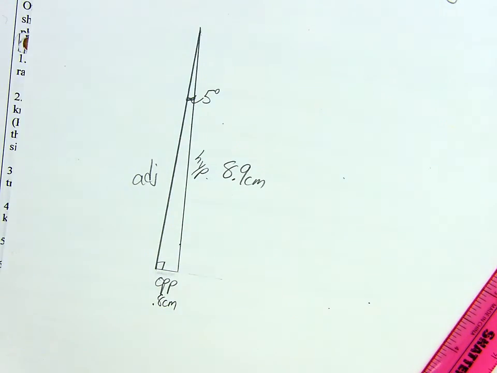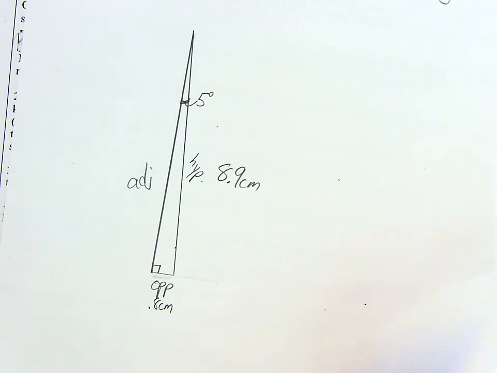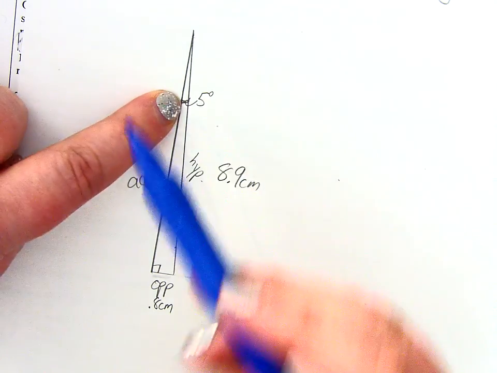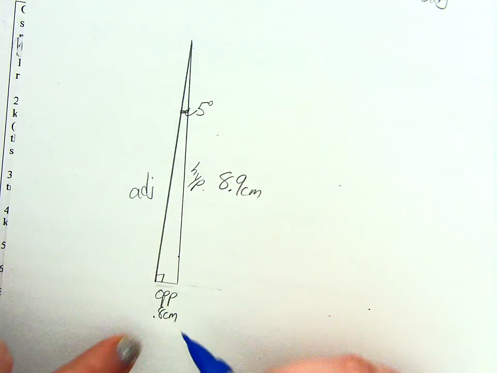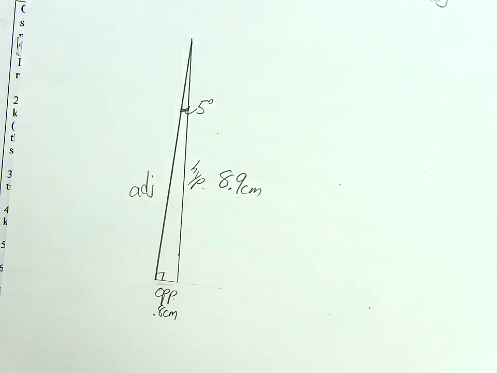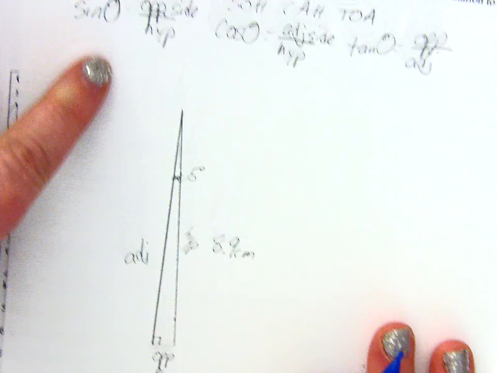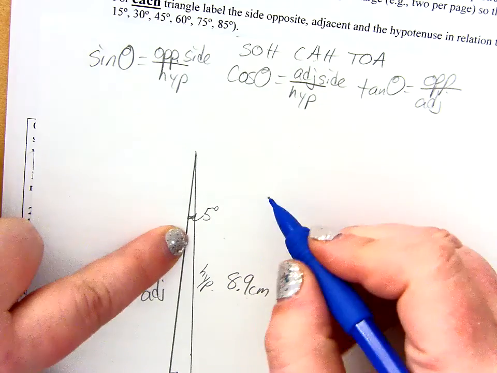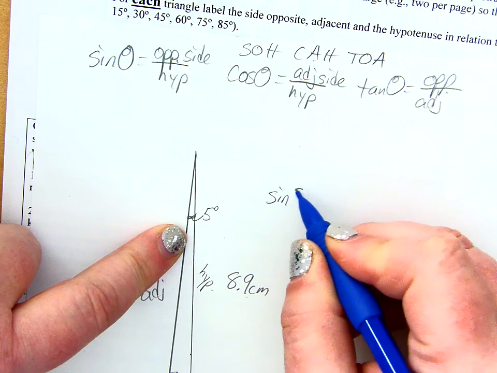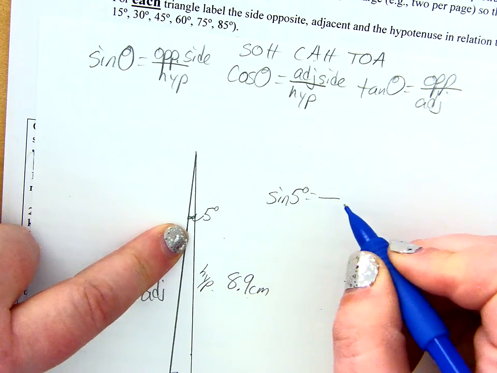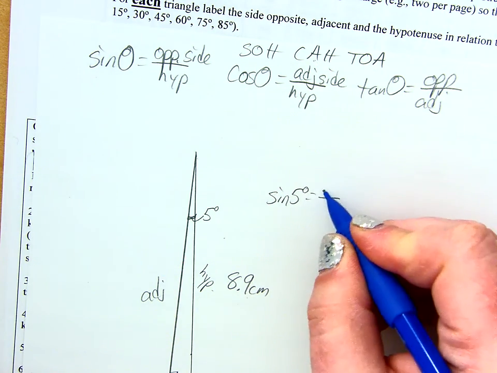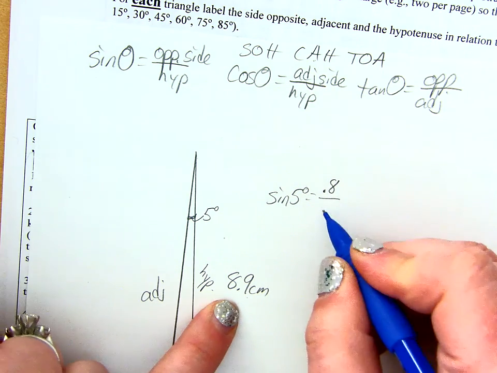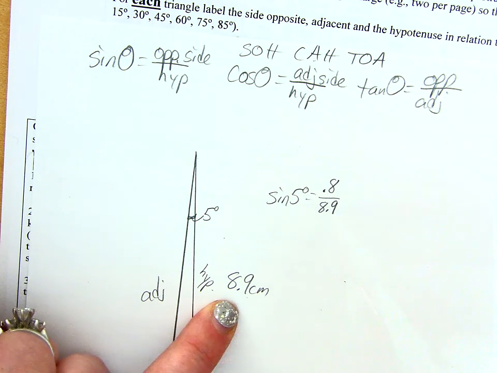So what you're going to do is you are now going to take the sine of 5 degrees is the opposite divided by the hypotenuse, right? Everybody's with me? If I go back to this ratio, it's the opposite side divided by the hypotenuse. So, sine of 5 degrees is equal to my opposite side was 0.8 over my hypotenuse was 8.9.